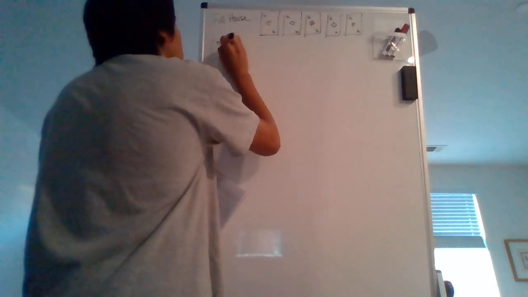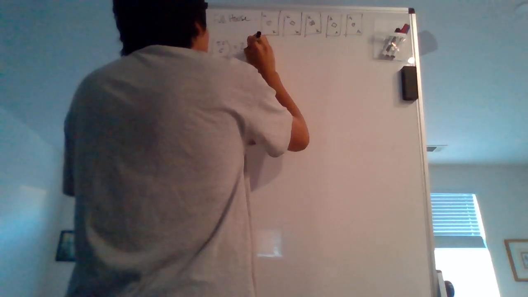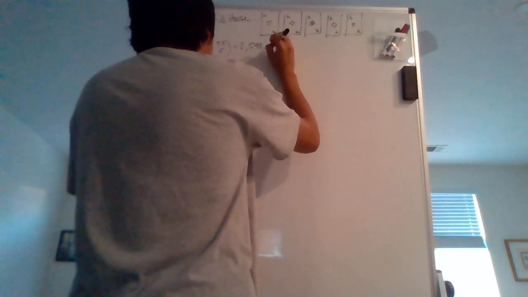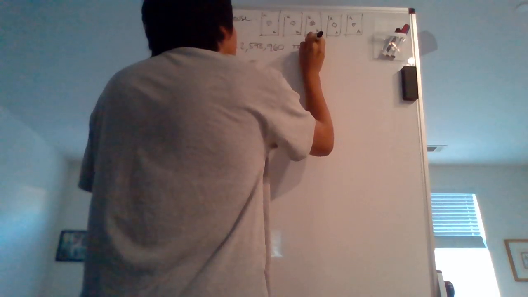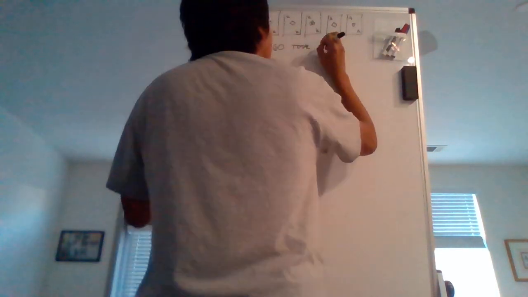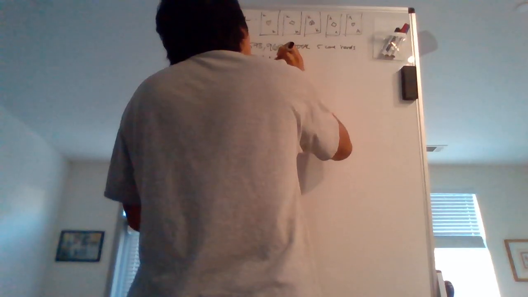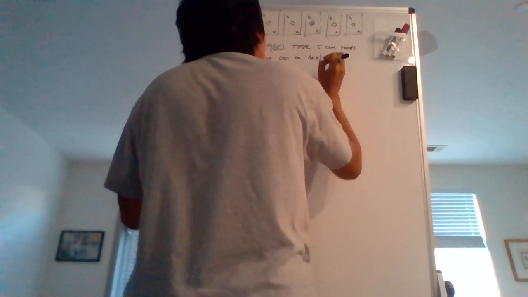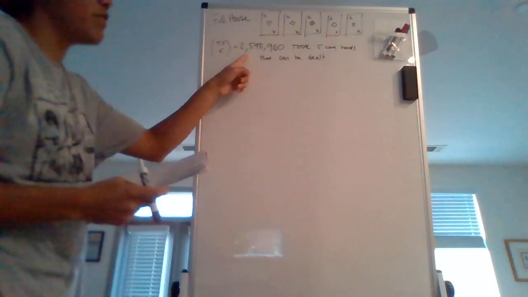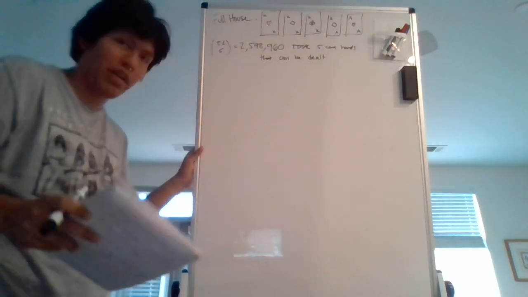So 52 choose 5 is equal to 2,598,960 total 5 card hands that can be dealt. Okay. This number is very important to us. We'll have to keep this in our thoughts and prayers.